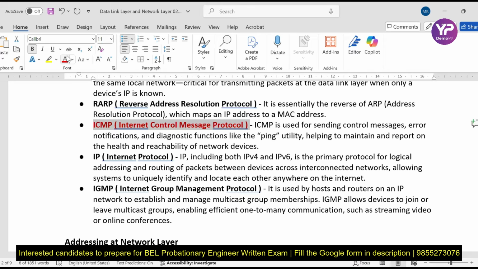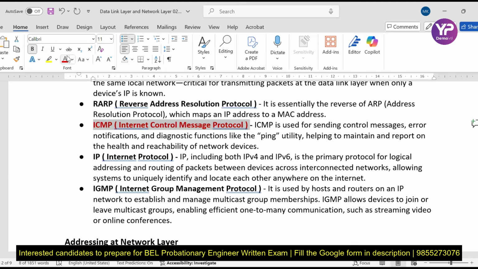If there is congestion in the network, or a router drops a packet, why does the router drop it? Suppose a link on the network breaks, so all the packets residing on that link are dropped. ICMP has to send a message to the sender that the packet you sent is already dropped, please resend it. This type of task is done by ICMP.